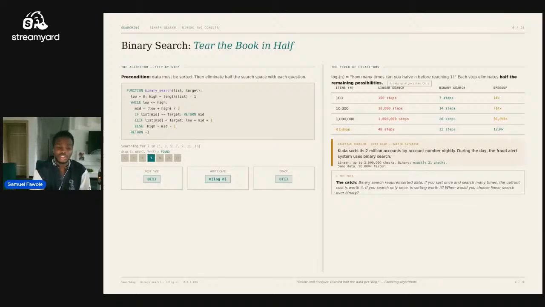So I've chosen 3, right? If the element at position 3 is less than our target, which is 1, low should be equal to mid plus 1. So what's at position 3? It is 7. Is it less than target? No.